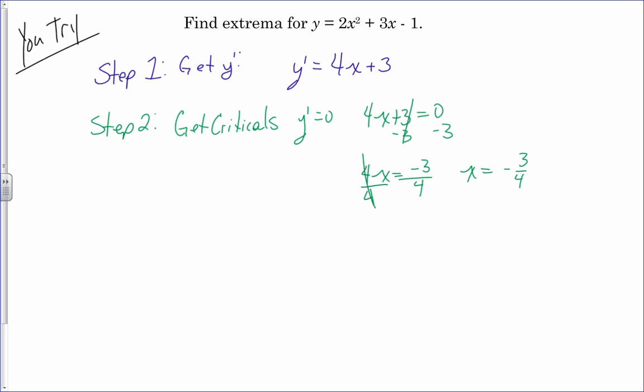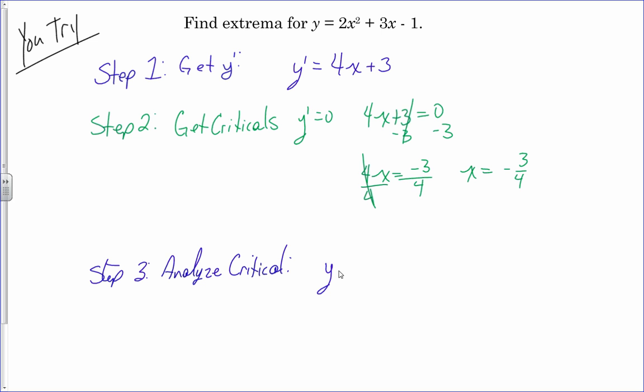So now we're going to analyze the critical point to get our y value at that point, because we have our x value. Basically we're going to plug x equals negative 3/4 back into our equation.